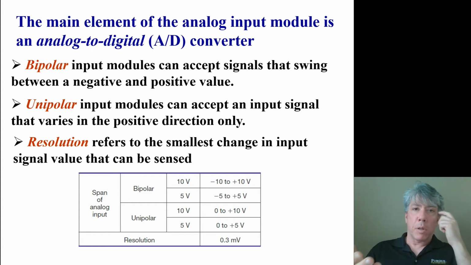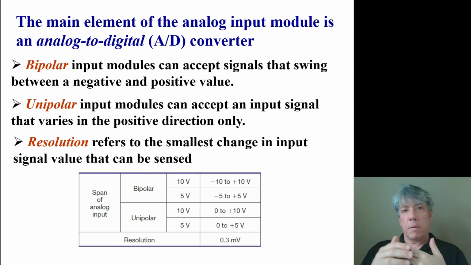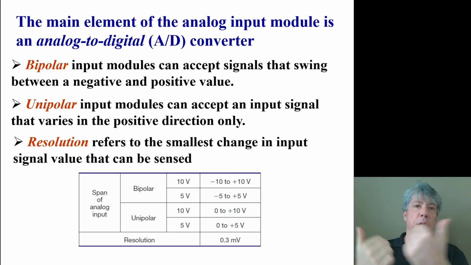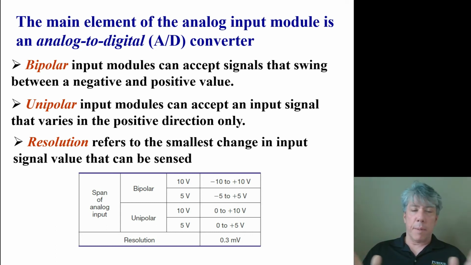But a bipolar type of input device is something that can accept positive and negative values. So current flowing in one direction and current flowing in the other, which is not common in the current world, but in the voltage world there are some sources that go to positive voltage and negative voltage, and you've got to be able to sense both. So bipolar is by far not common.